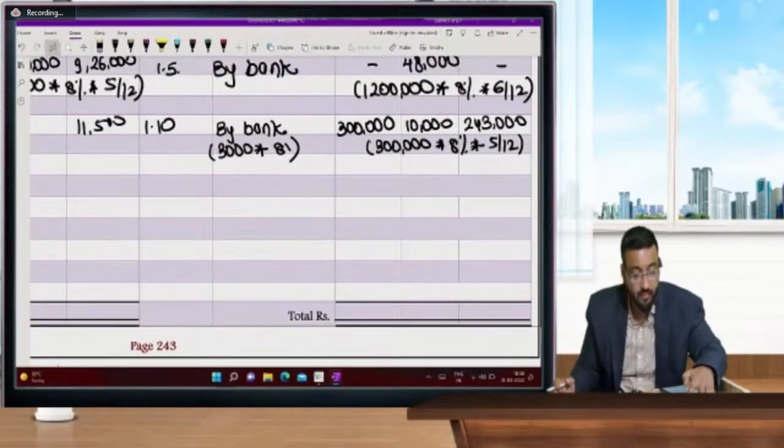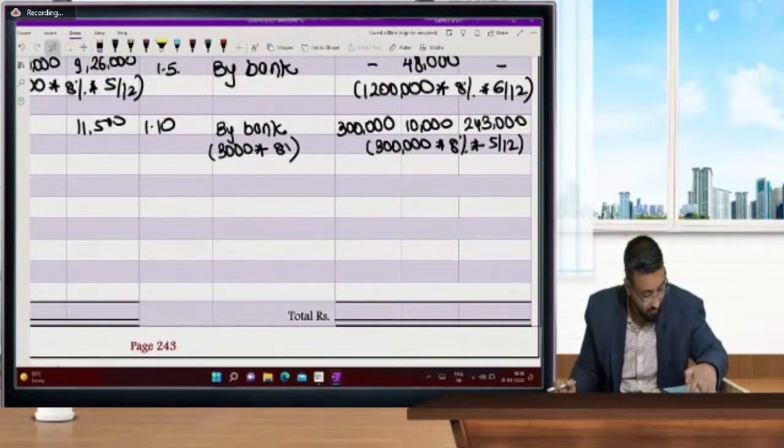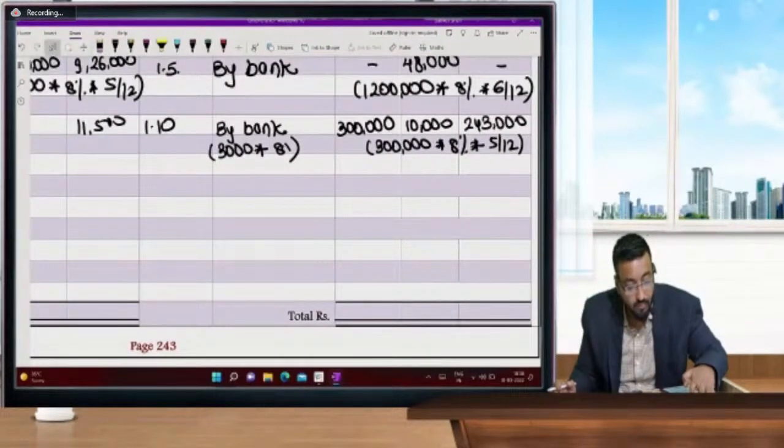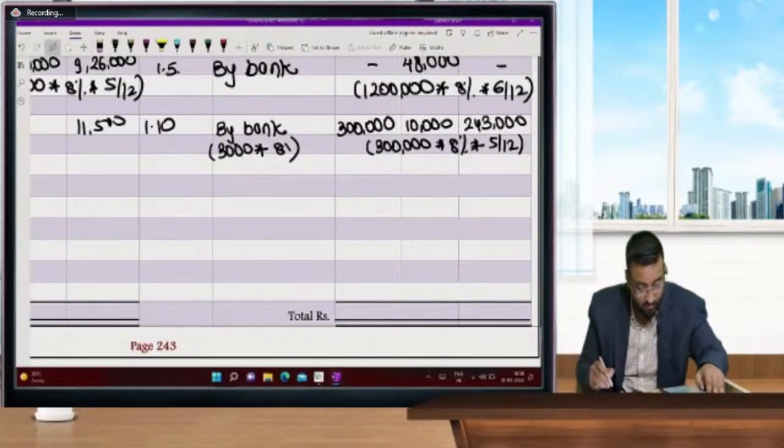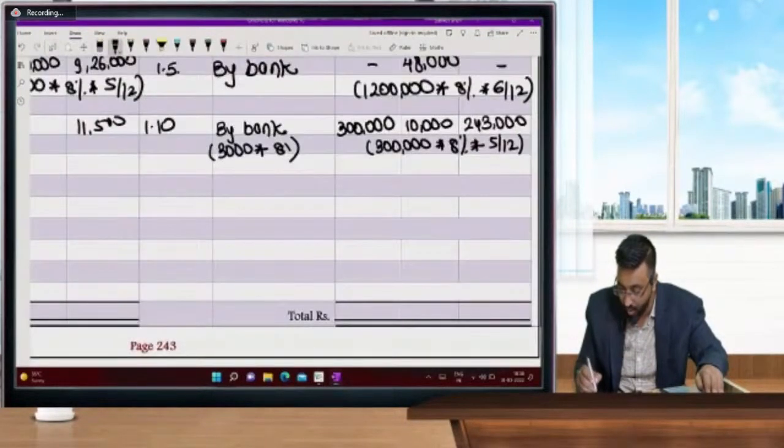Now second one is next one, 10,000 interest. Sab kya bol rahe? Pooja bol rahe 10,000. 11,500 is a correct answer na? Correct hai na? Haan. Now next one. Yes. Next one is first 11, received half yearly interest, scrip 1, and interim dividend is scrip 2. I have written wrongly.